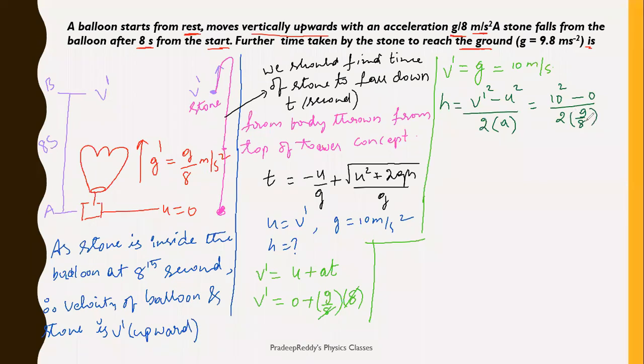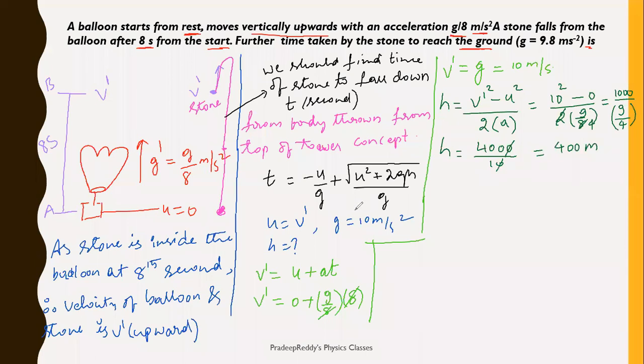This gives you 2 4s 8. This is equal to 100 divided by g by 4. So what is h now? h will be equal to 4000 divided by 10. The 10s get cancelled. What is left over here? 400 meter. The h value we have got is 400 meter.